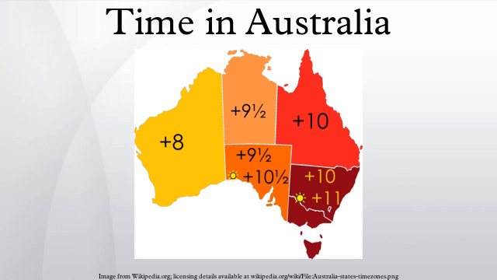Western Standard Time, UTC+0800: Western Australia Standard Time Act 2005. Central Standard Time, UTC+0930: South Australia Standard Time Act 2009 and the Daylight Saving Act 1971; Northern Territory Standard Time Act 2005.